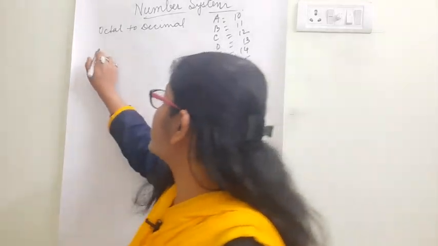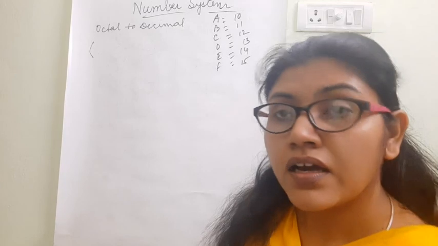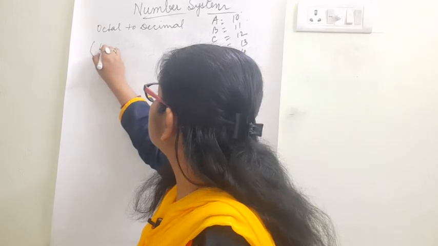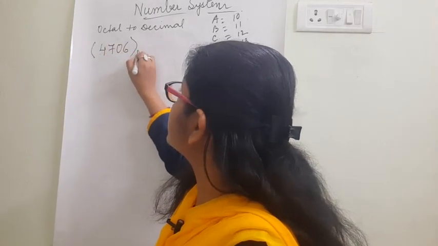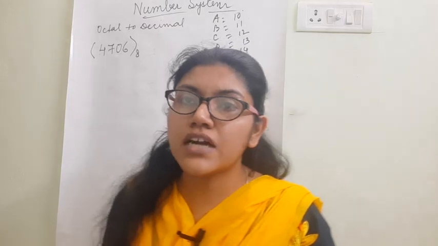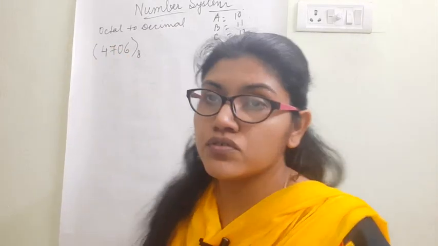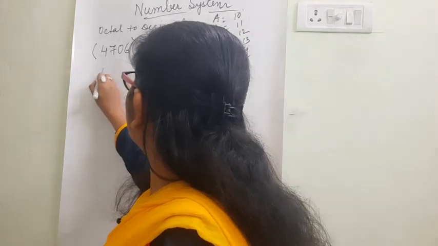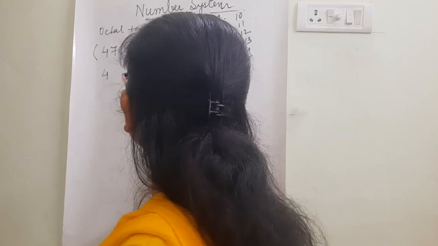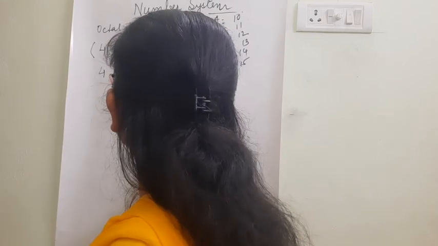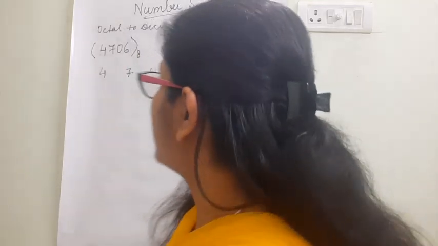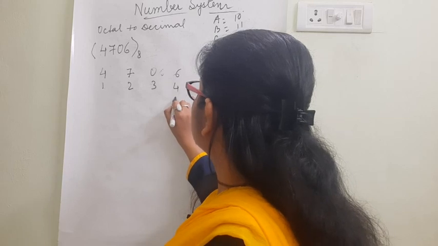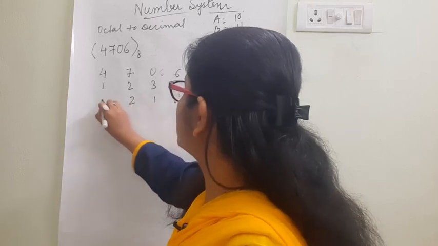Now we are converting an octal number to decimal number. Just taking one number, 4706 base 8. Not necessary to start with 1, 2, you can start with this also. Position 1, 2, 3, 4, weight 0, 1, 2, 3.